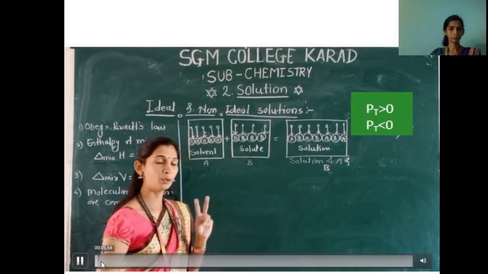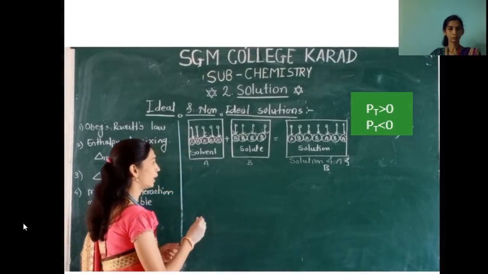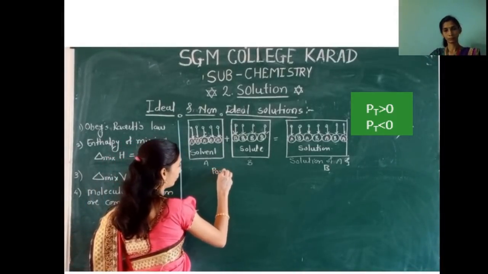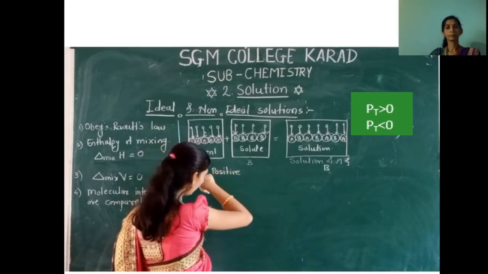In a non-ideal solution, we have two types of deviation. How do we draw the graph of a positive deviation and negative deviation?